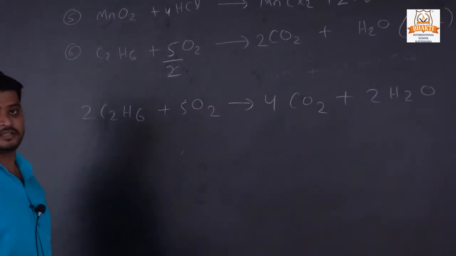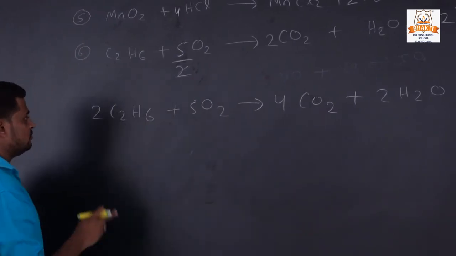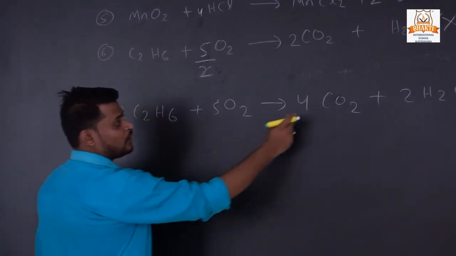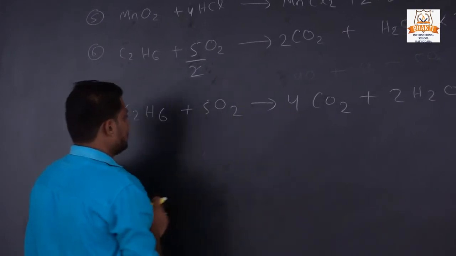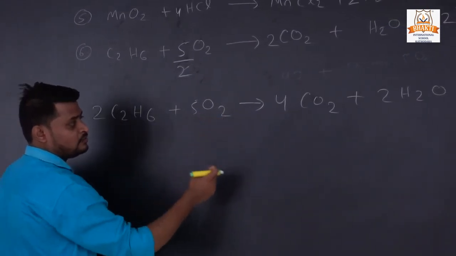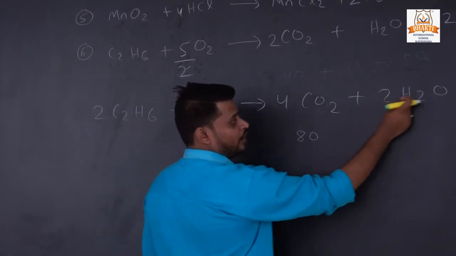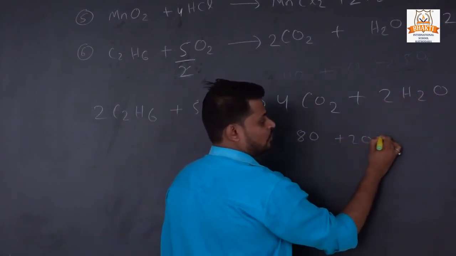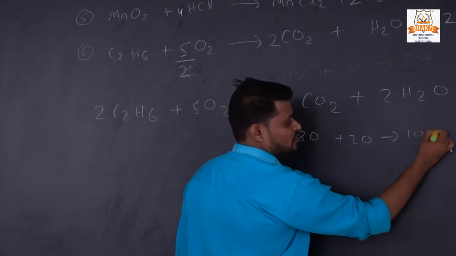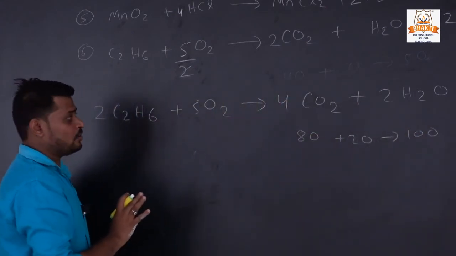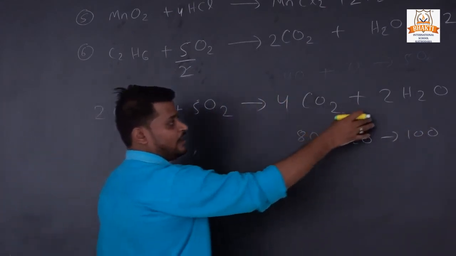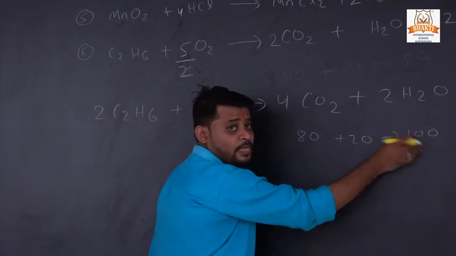Okay, now it's changed. Now we have to check: carbon 4, balanced. Here oxygen 10, here 4 twos are 8 oxygen plus 2 oxygen. Now oxygen is balanced, here also 10 and in the product also oxygen 10.